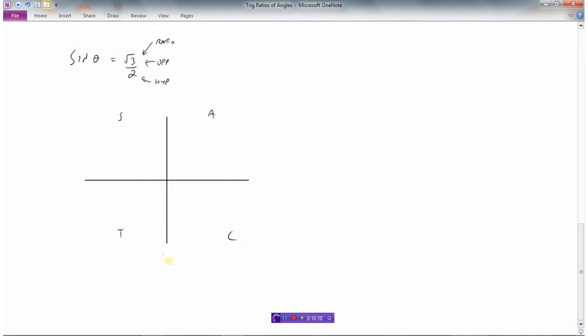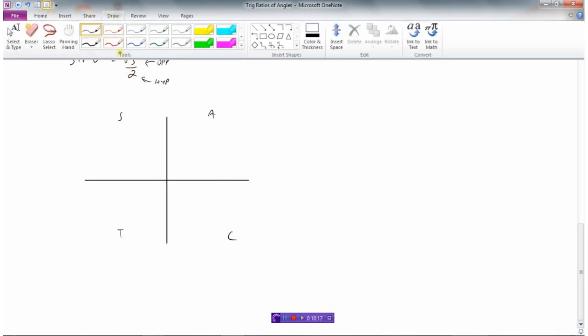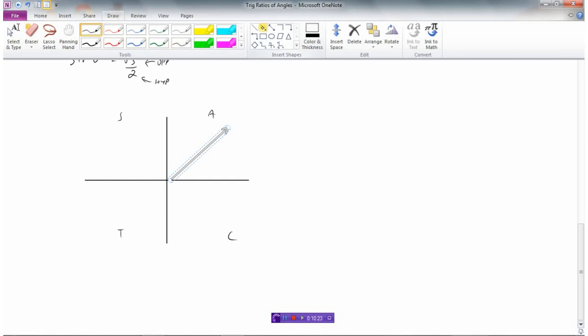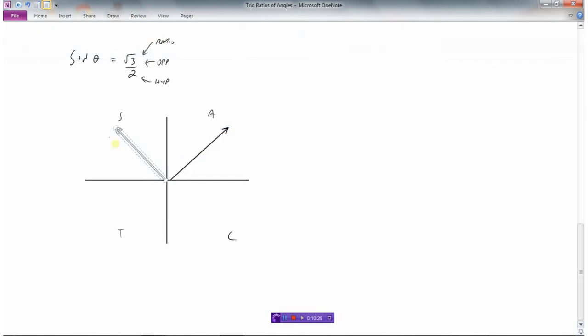All students take calculus. This is a positive ratio, so sine is positive here. This is a positive ratio. So I know that somewhere in this quadrant here and somewhere in this quadrant here, I am going to get an angle.